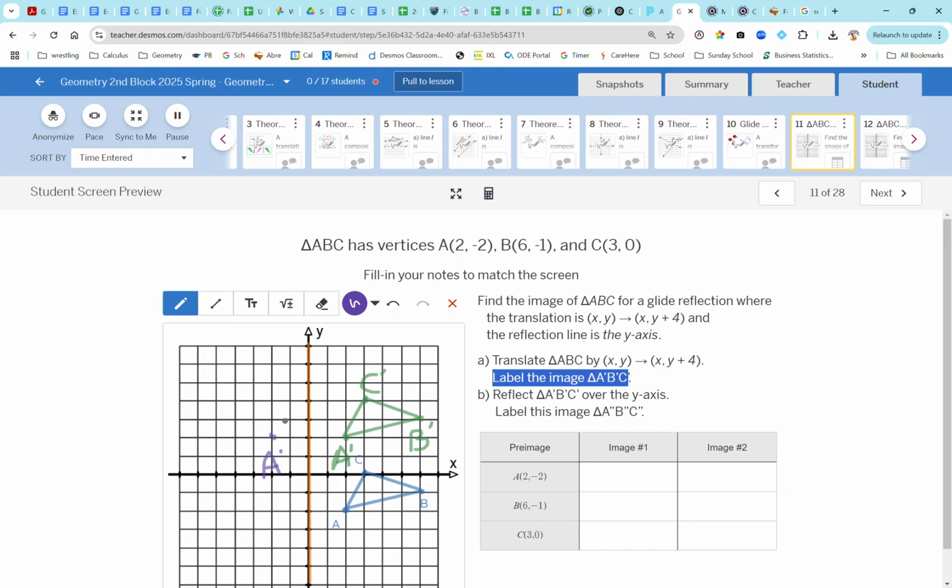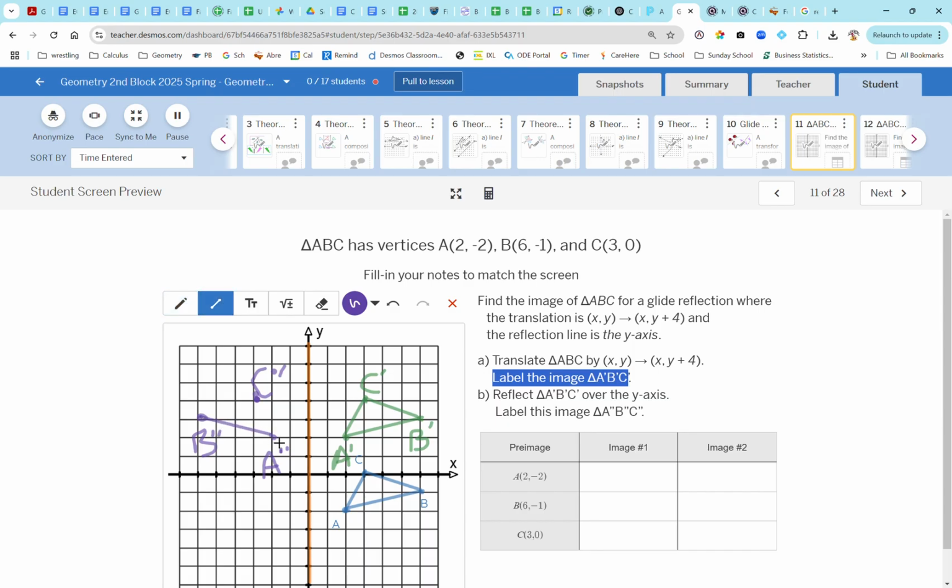B double prime is going to end up right over here. And we've got one more point to do. This should have been a double prime. Didn't show up. C is 1, 2, 3 along that same horizontal line. C double prime. Connect the dots.